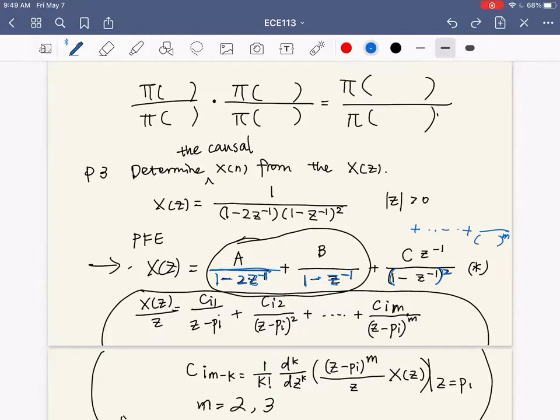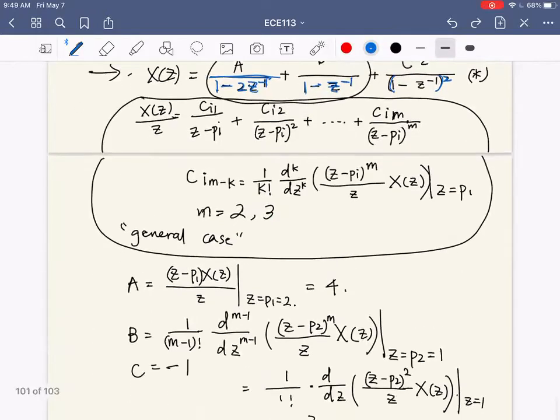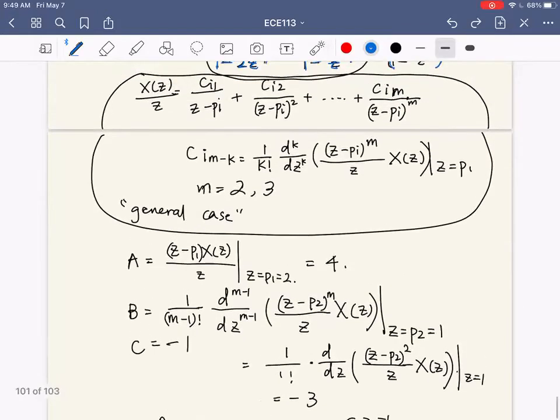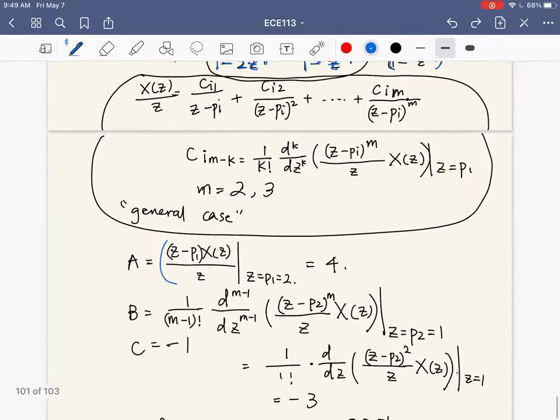Okay. And the case for repeating roots and distinct roots are also different when you want to compute the coefficients. So for the distinct poles, we just need to do this, okay? But when they're repeating, we also need to include the differentiator here. And the number of differentiations depends on how many times it is repeating. Okay, I hope that answers your question, then I will stop recording.